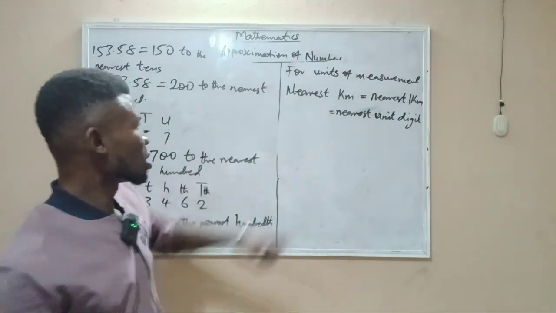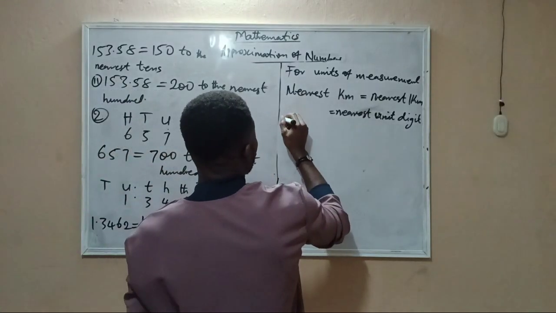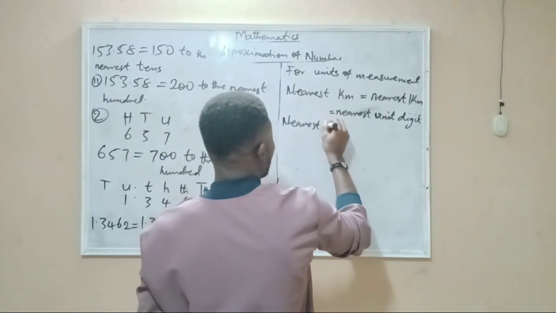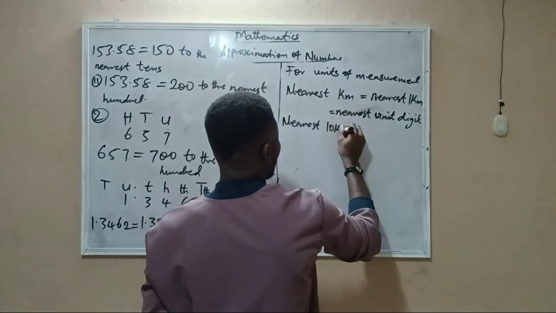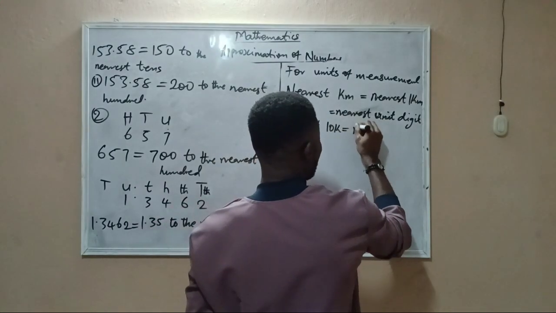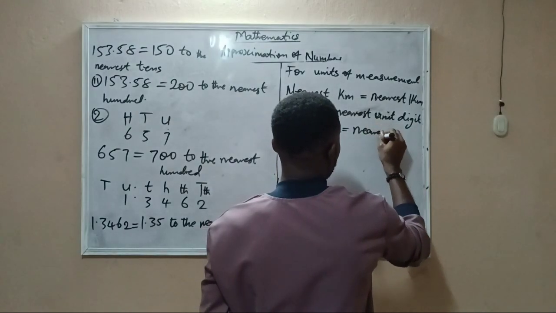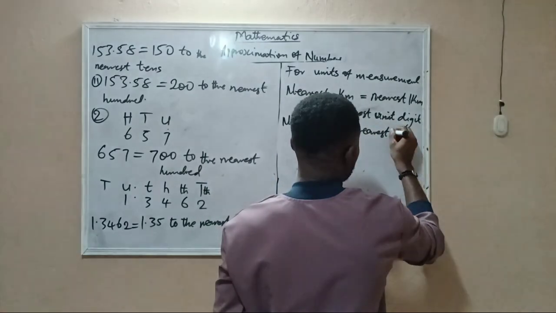Nearest kilometer. What of nearest 10 kilometer? Nearest 10 kilometer is the same thing as the nearest 10th digit.